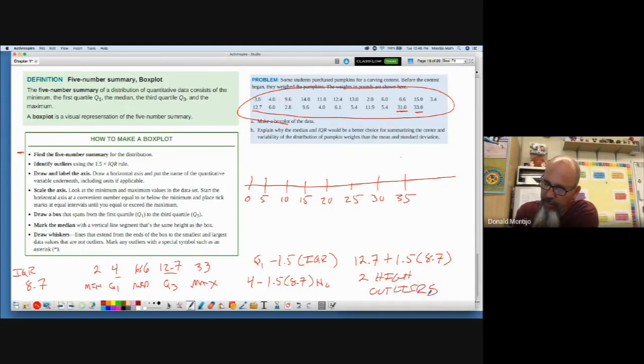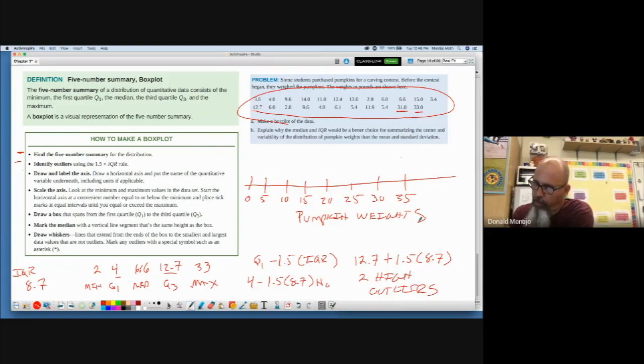Okay, then they tell us, yep, I identified, I got two outliers. Draw and label the axes. What is this that we're measuring here? Oh, that's pumpkin weight. Scale the axes. Well, we did 0, 5, 10, 15, 20.